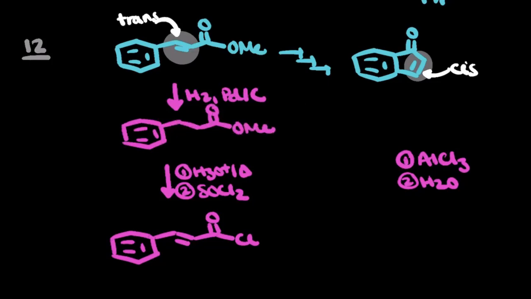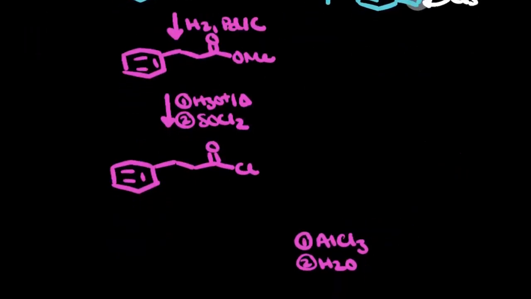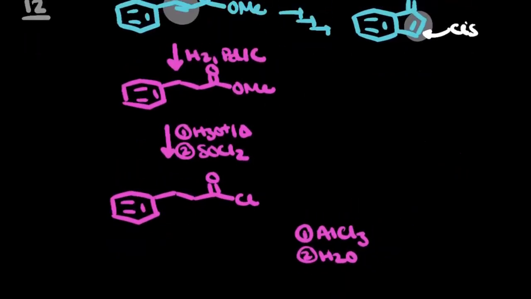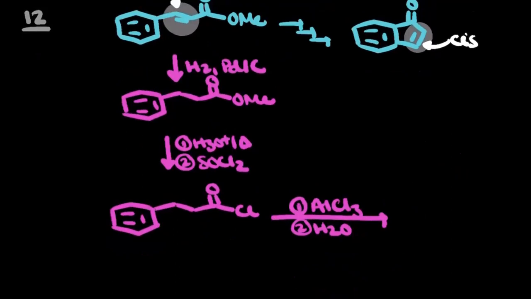Okay, and that will get rid of that double bond, so you don't have the double bond in the next step either. And we can go ahead and then hydrolyze and then make the acid chloride. Now that you don't have that double bond, you can make the ring, and that's just with aluminum trichloride and water.